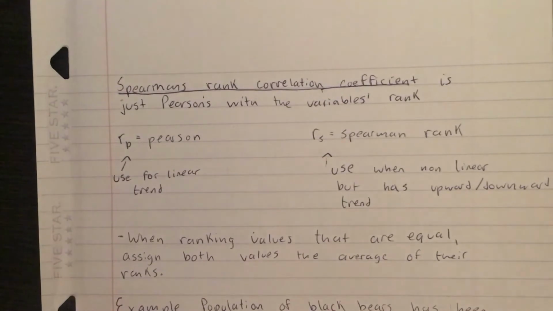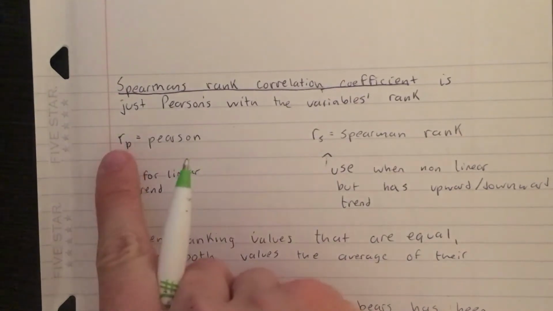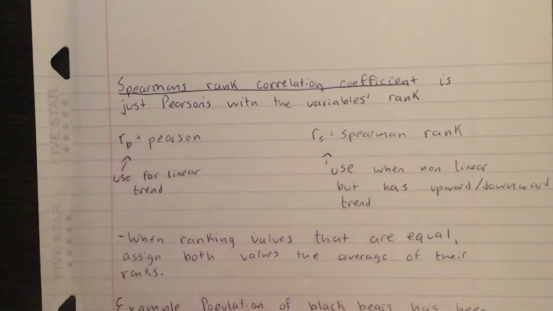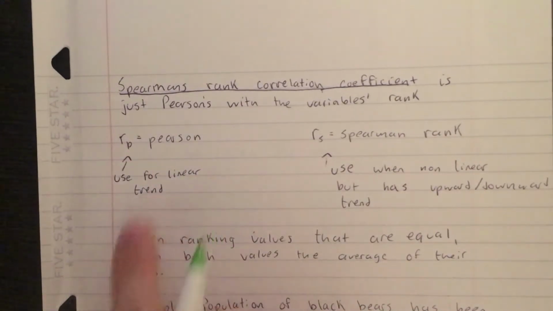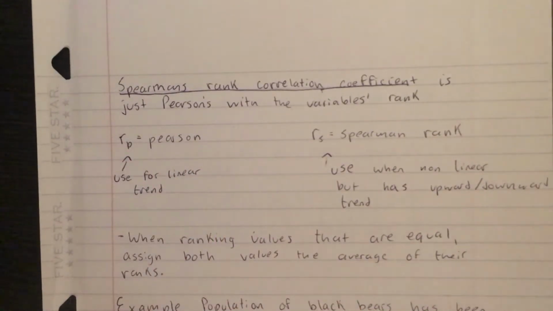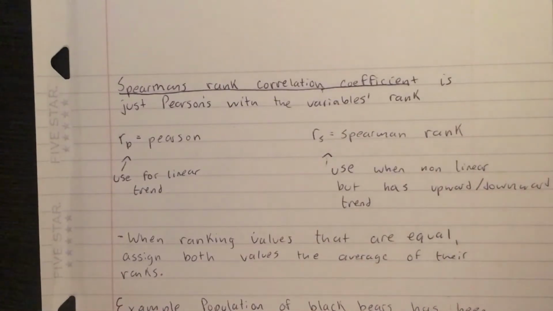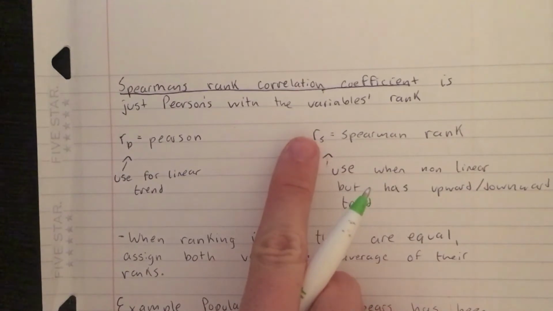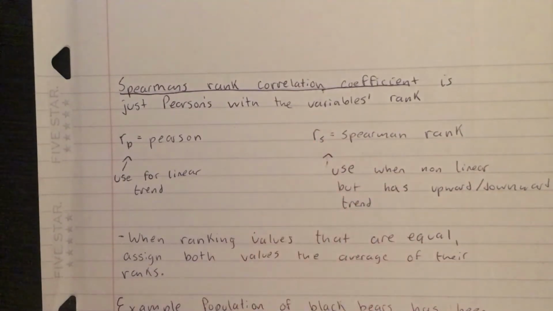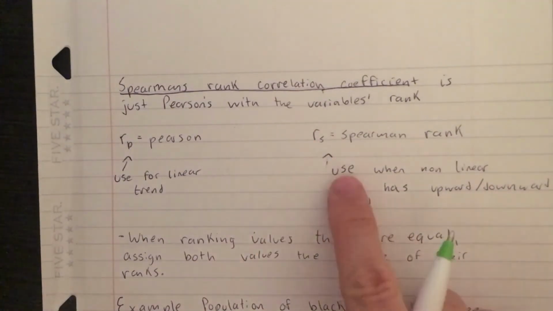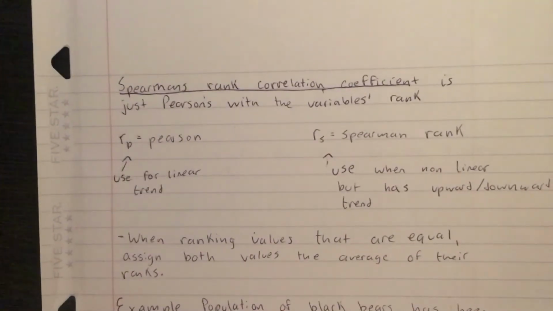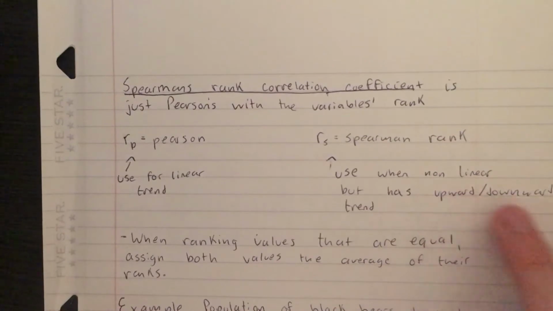And so the notation here that we're going to use, if you see R with a little p, that stands for Pearson's R, and we're going to use that just for trends we suspect are linear. Now, we've got Spearman's rank right here that we're going to denote with this R little s, Spearman's correlation, and we're going to use this when we think it's nonlinear, but the data is either moving upward or moving downward.